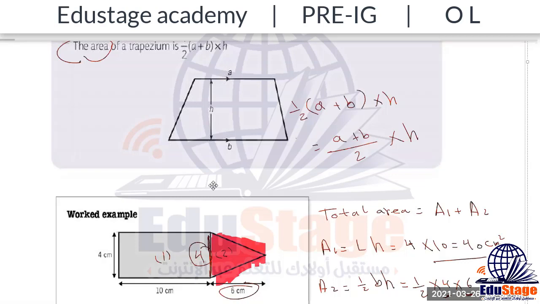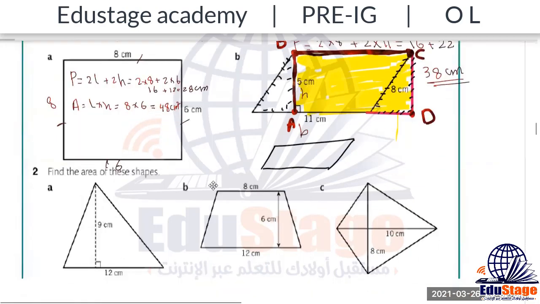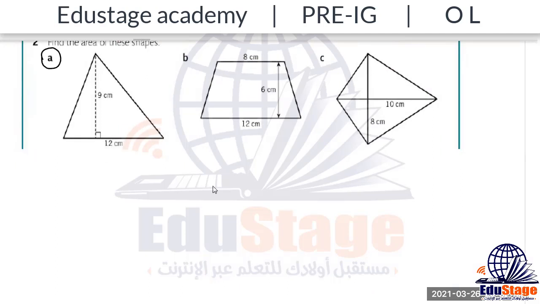But in the triangle and trapezium, we need to multiply by half first. That is a general formula you can use in any problem. Base times height, but in triangle and trapezium, we multiply by half. Okay, can you do 2A now? 54 centimeters square, the area of this triangle.